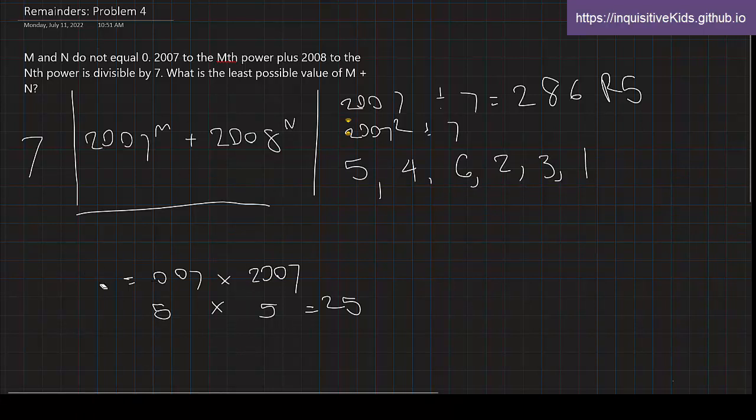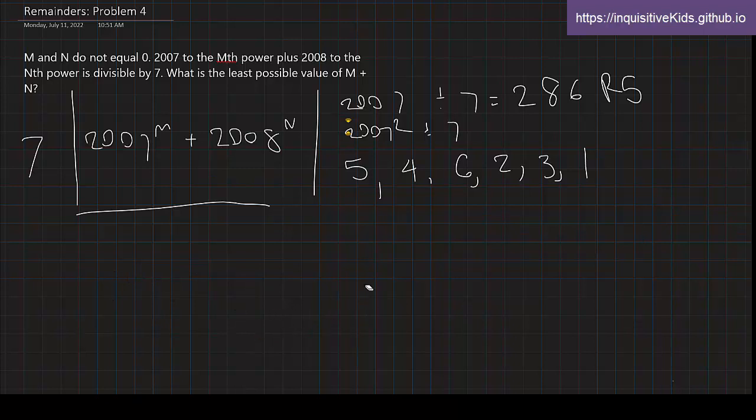So if we know that this is the rotation of 2007 to the nth power divided by 7, let's do 2008 to the nth power divided by 7. Let's see, 2002 is a multiple of 7, and 2008 minus 2002 is just 6.